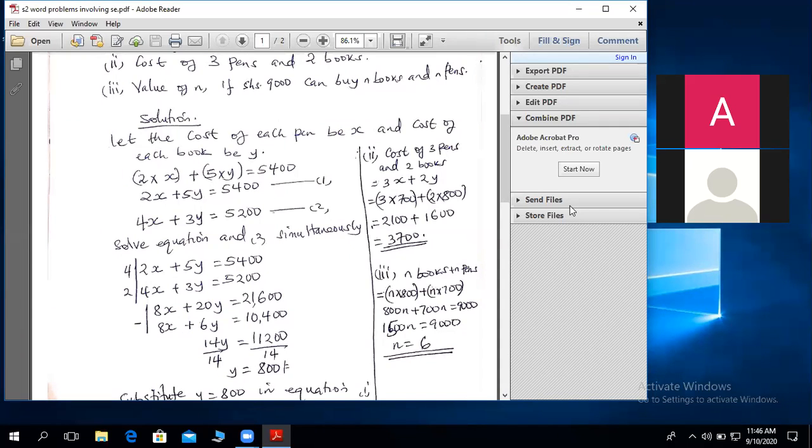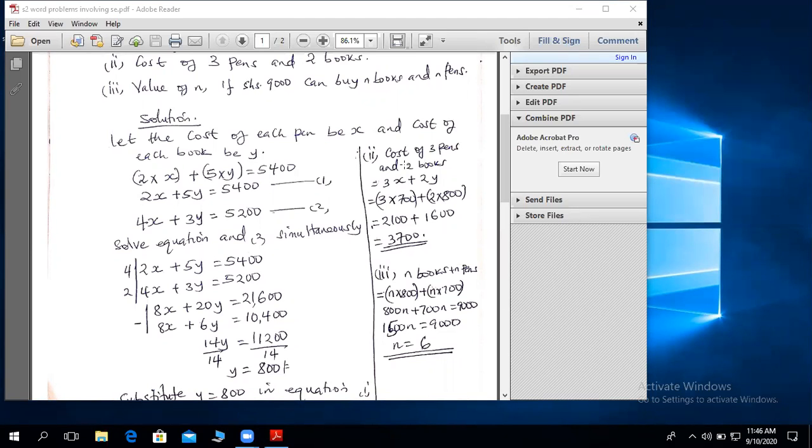So to get the cost of 3 pens and 2 books, it will be 3 times the cost of a pen, which is x, plus 2 times the cost of books, which is 800, and my answer from the calculator is 3,700 shillings. I need to put shillings here.